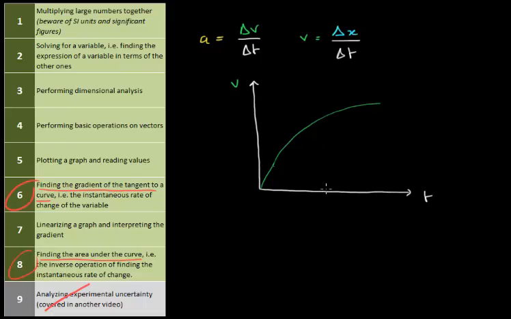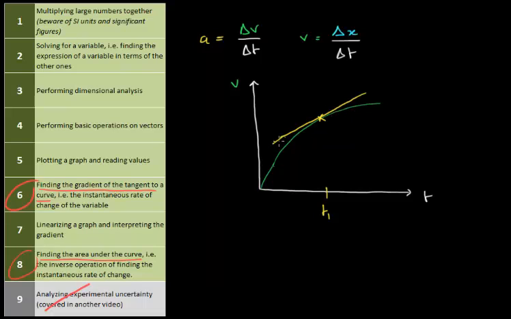Imagine I want to find acceleration at time t1 here. Well, I spot the point on the VT graph at time t1, and the acceleration, in fact, is how steep my VT graph is at that point, because it's how fast the velocity is changing, right? So I draw the tangent to the curve at this point. It's the line that goes only through this point and doesn't go through the curve.